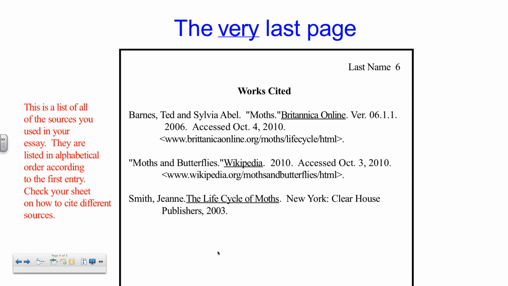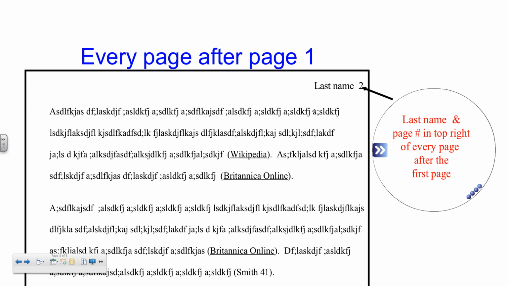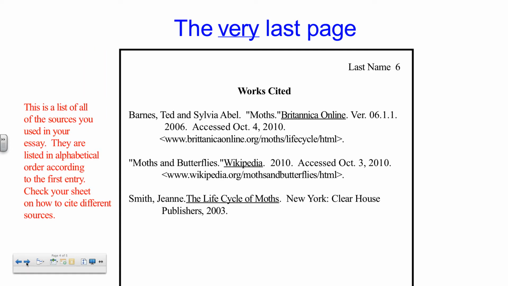The very last page, and it must be a separate page altogether. It doesn't matter how many words you have on, let's say this was page 5, let's say you just had one paragraph. It doesn't matter. Your very last separate page needs to be your works cited page.